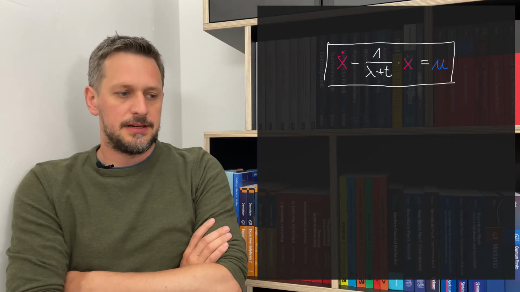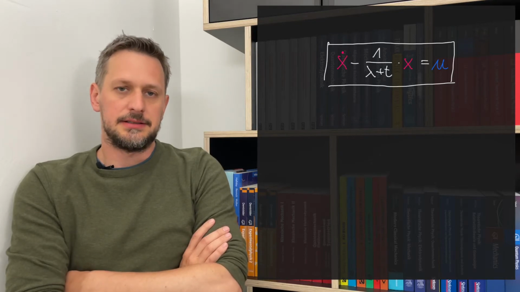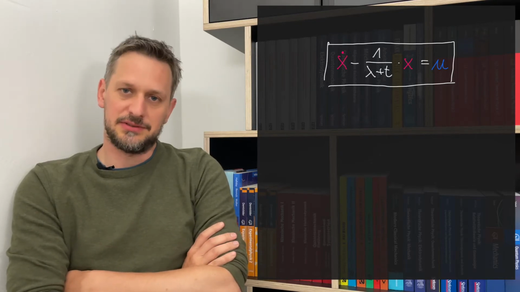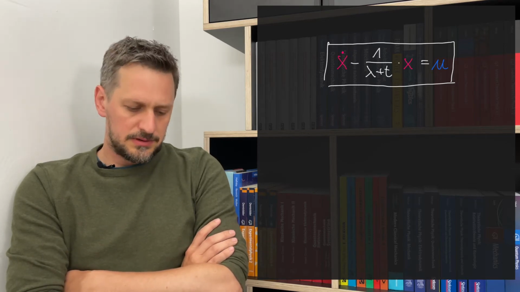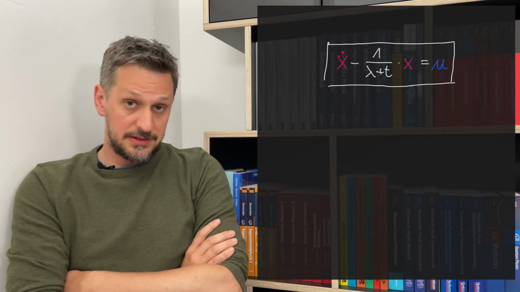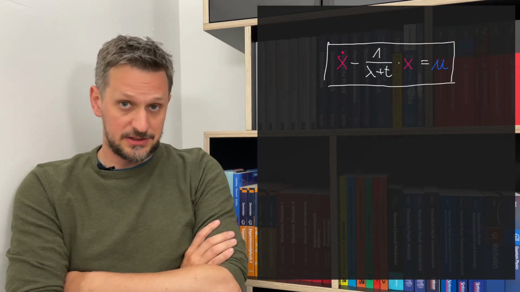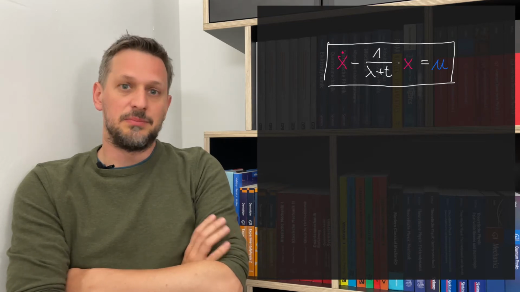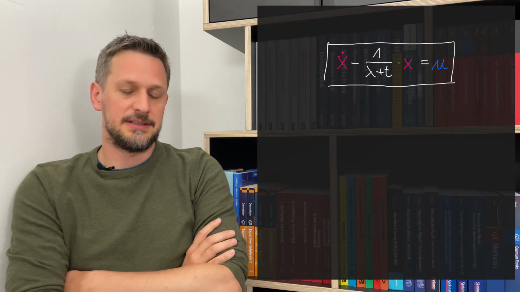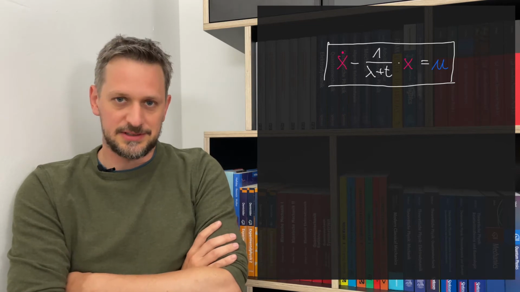And this is a good time to take a step back and see what we have achieved so far and what our next step will have to be. We have managed to put all of our initial information into a single equation and have this single equation completely describe the motion of the person in question.